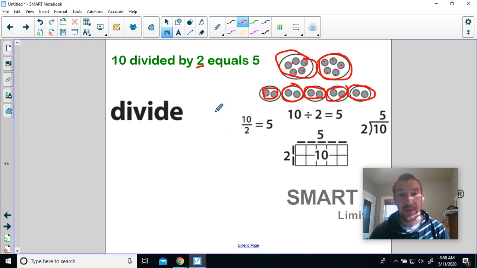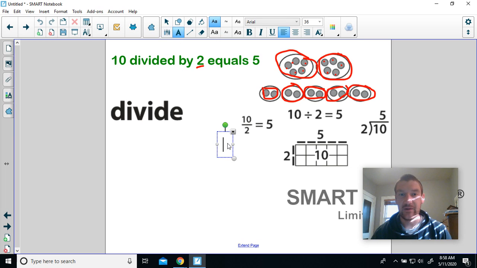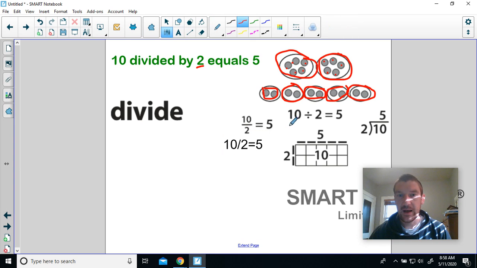Okay, and then here's all those different ways that it can be written. So here's written with a slash, 10 divided by 2 equals 5. It could also look kind of like this, 10 divided by 2 equals 5 with a slash. There's this with the symbol, 10 divided by 2 equals 5. Here's the long division symbol I was talking about, where see how it's kind of flipped around, where the 10 goes second, right, instead of first.